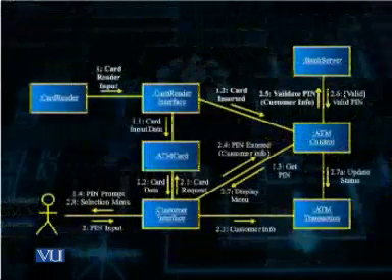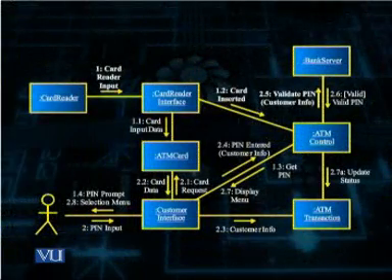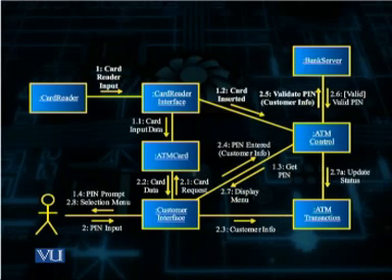So if you compare this diagram with the state chart that we had developed in the last lecture for the same use case, you can see that this diagram captures the collaboration of objects participating in the validate PIN use case, while the state chart captures the states that the ATM control object transitions through during the execution of this use case.